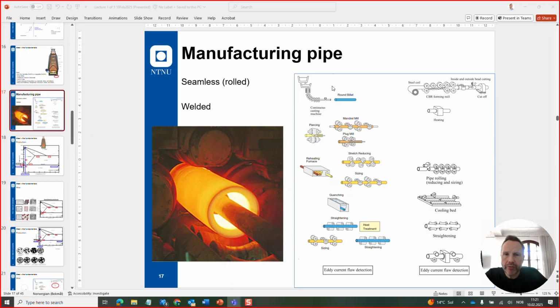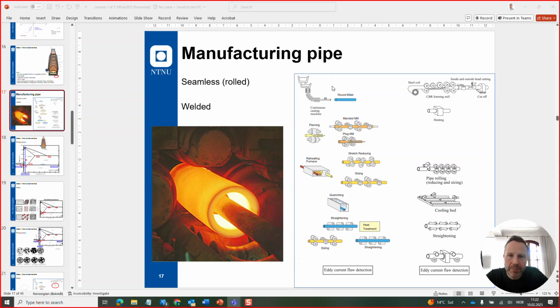Now, after this has taken place, there's a number of processes where it's rolled and milled in order to get towards the correct diameter and steel properties that we want in combination. Now, what we will make a strong note of is the reheating furnace, and then the quenching.